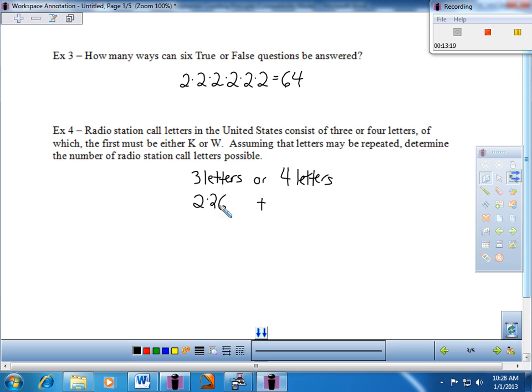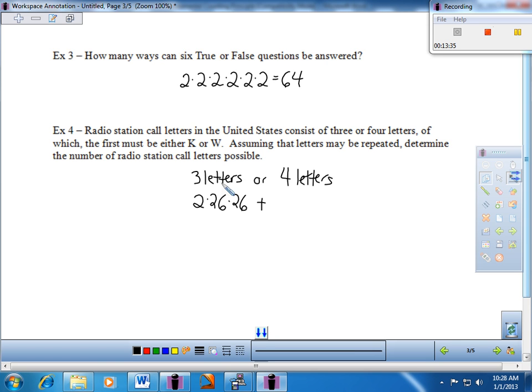Okay, good. And then there's the third letter, of course. So my next task is to figure out how many possibilities there are for the third letter. And again, there are no real restrictions or conditions on it. It can be any one of the 26 letters in the alphabet. Okay, so if I multiplied these together, this would get me the number of 3-letter radio stations.